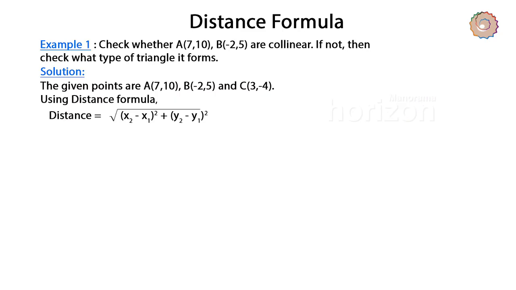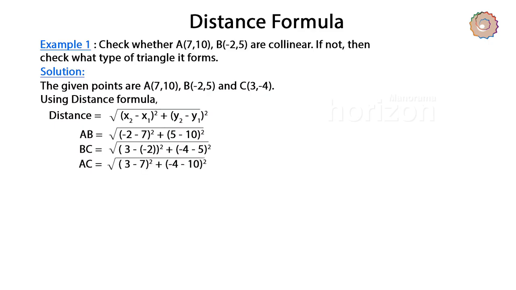Using the distance formula, root of (x2 minus x1) whole square plus (y2 minus y1) whole square, we can write AB equals root of (-2 minus 7) whole square plus (5 minus 10) whole square. BC equals root of (3 minus -2) whole square plus (-4 minus 5) whole square. And AC equals root of (3 minus 7) whole square plus (-4 minus 10) whole square.